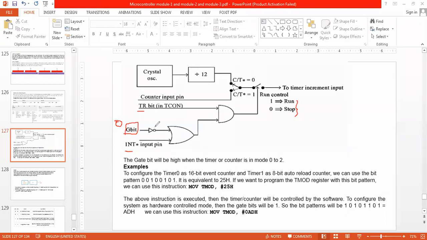Say if this is 0, this is going to be 1, correct? And INT should be high, correct? INT should be high, TR should be high. So both are high, then only the timer will run. If either one is 0, then the timer will stop. Okay. It is not an OR gate, it is AND here.